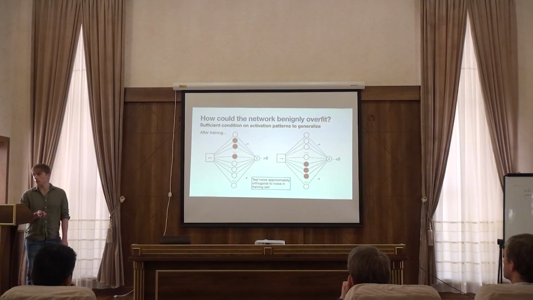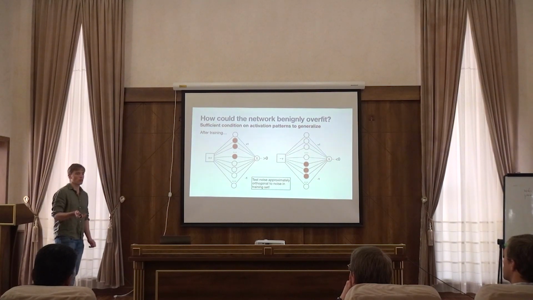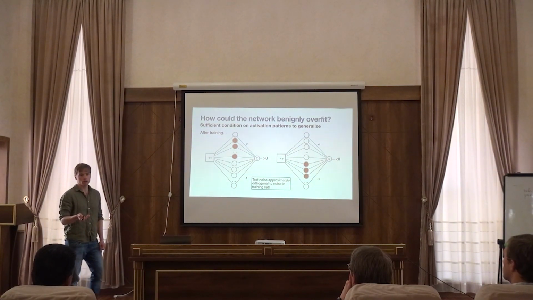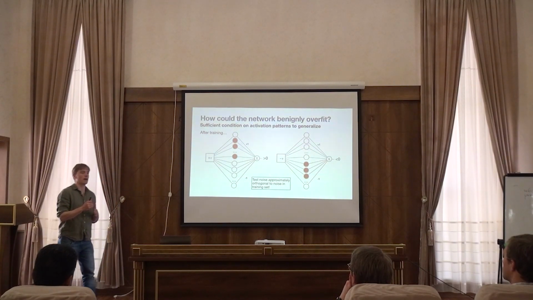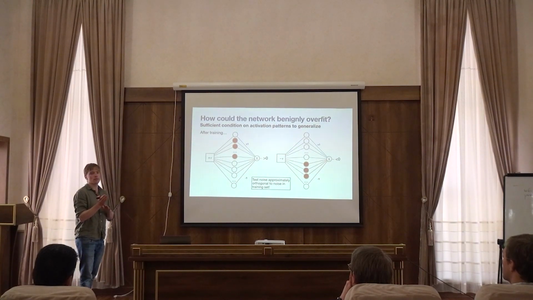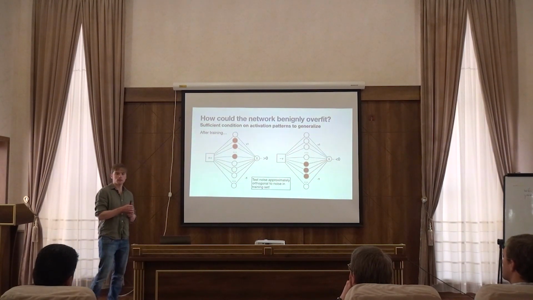Why this is sufficient to give us good generalization is that because we've got V really, really big, the noise component of our test point is going to be roughly orthogonal to all the noise components of those in the training sample, right? So in some sense, the common thing that all of our points have at test and train time is this V component. So that's going to be the thing that dictates how well our model generalizes.